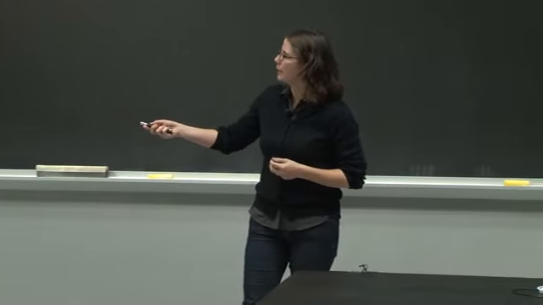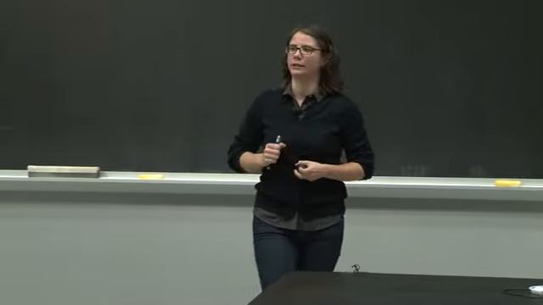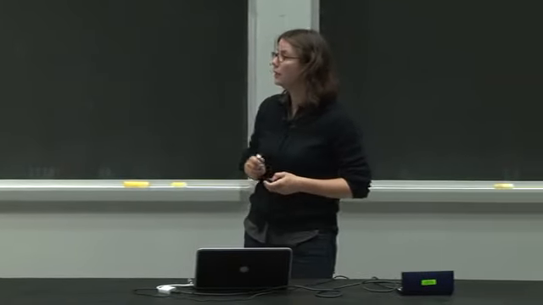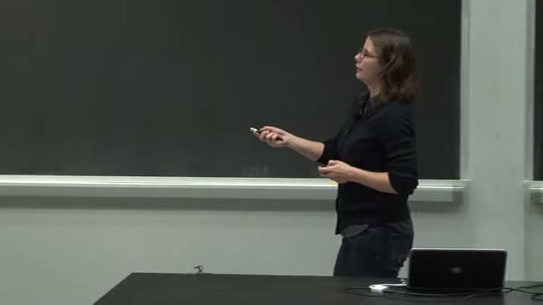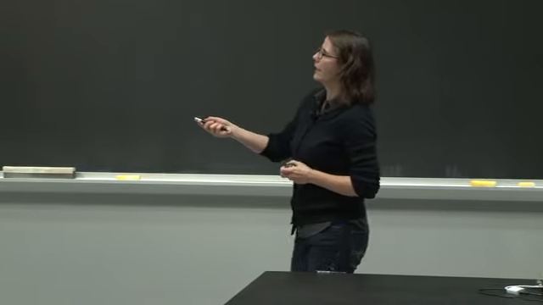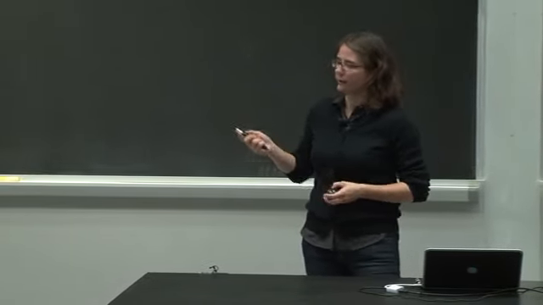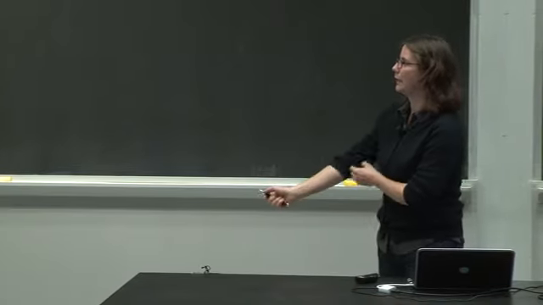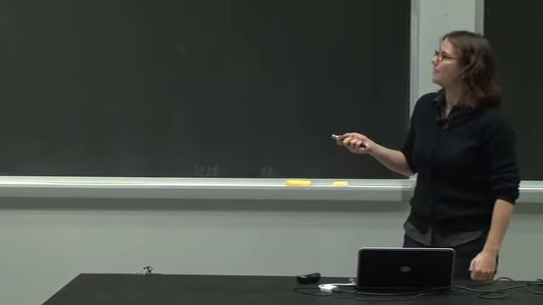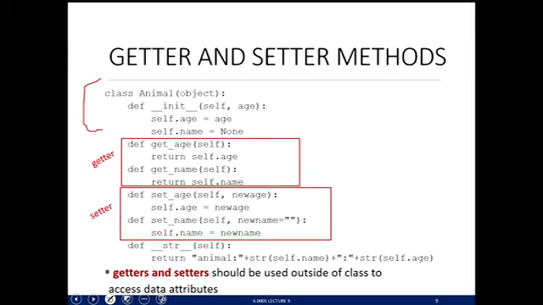So you implement this method here, which tells Python how to print an object of this type. Okay? So the big point of this slide is that you should be using getters and setters. You should be implementing getters and setters for your classes. And we're going to see in the next couple of slides why exactly. But basically, they're going to prevent bugs from coming into play later on if someone decides to change the implementation.